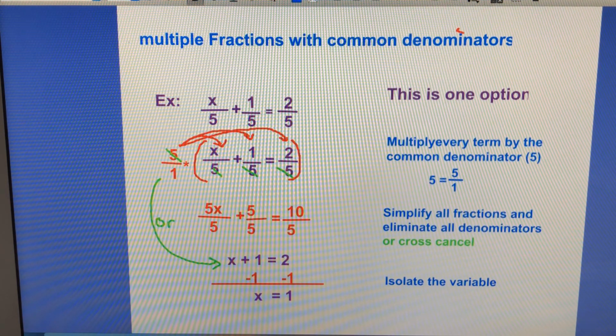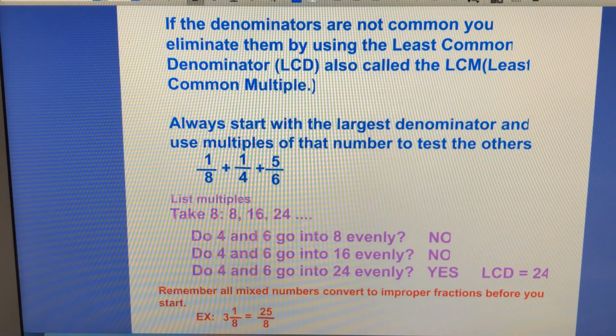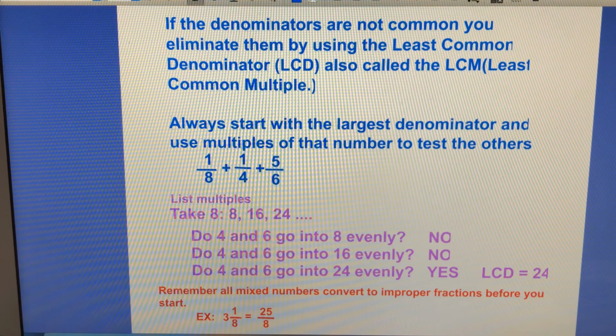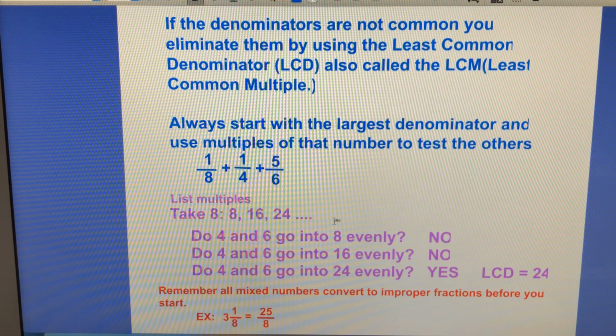Eliminate denominators, cross cancel. If the denominators are not common, you eliminate them by using the least common denominator, also called the least common multiple. You always start with the largest denominator and use multiples of that number to test the others. In this case, 8 is my largest denominator.